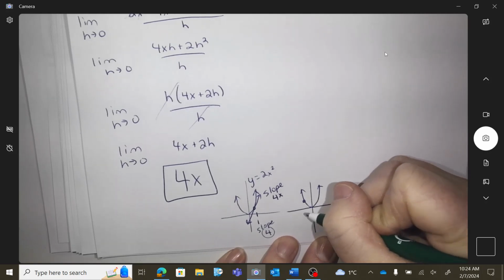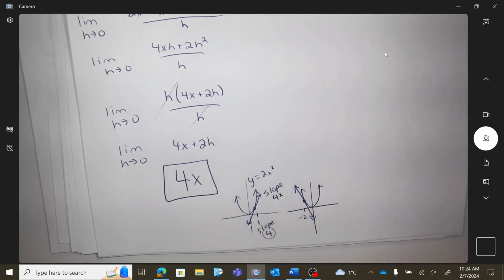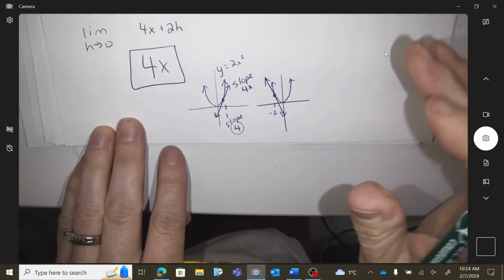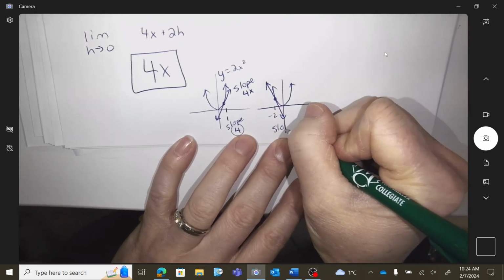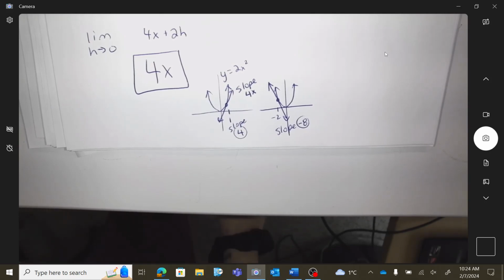At the x value -2, if my x value was -2, what would be the slope of that line at that point? The slope would be -8. And that is exactly what calculus is. Okay? Does that make sense? All right.